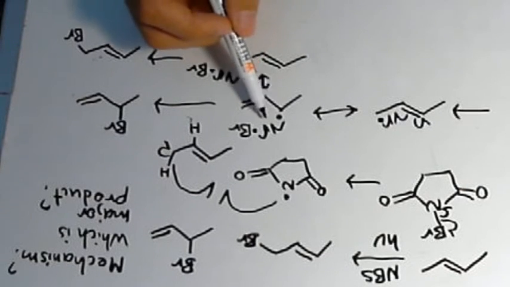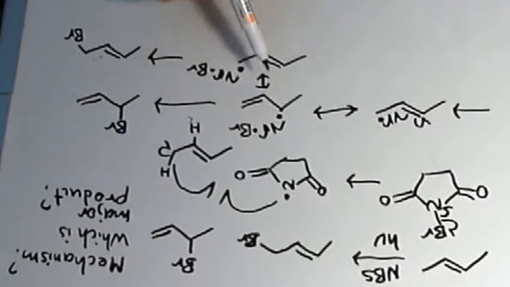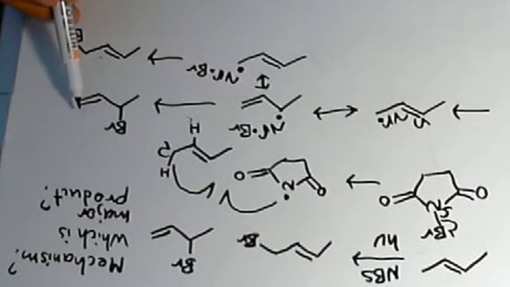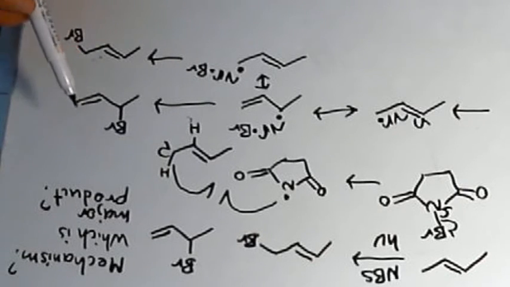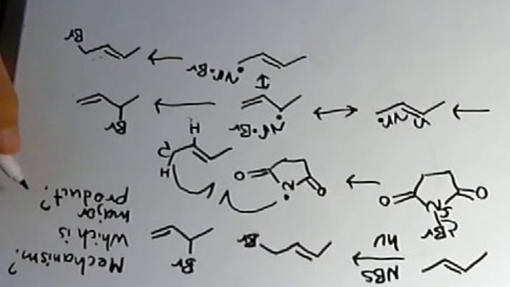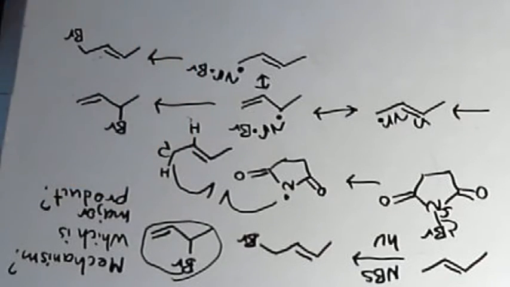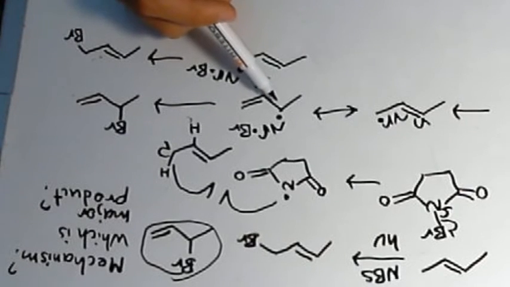So that means we're going to get more of this intermediate than that intermediate. And if we have more of this intermediate, we're going to have more of this compound, right? So the major product is actually going to be this compound here, because it is a secondary radical as an intermediate.